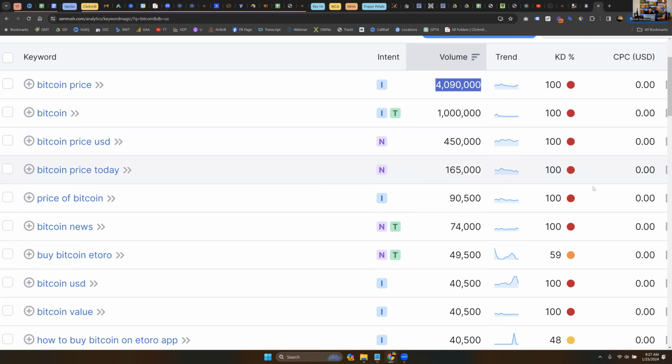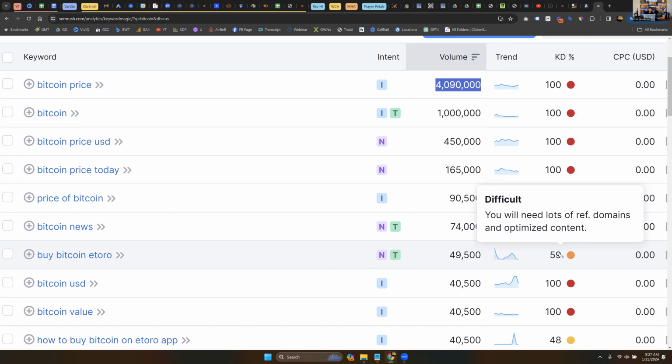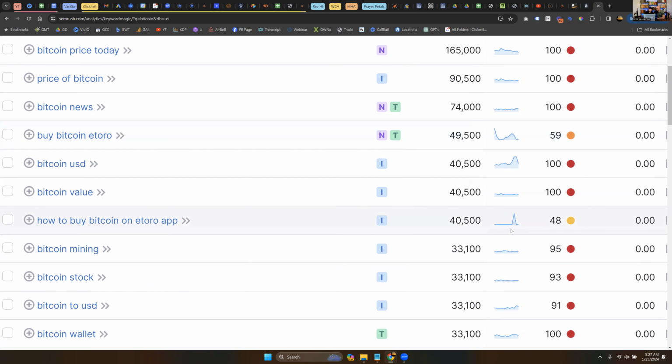But if you come down to the longer keywords, look, buy Bitcoin eToro. I don't know what that is, but people are looking for it, and that's 60. Maybe that's a place to get in. Even a longer one here, how to buy Bitcoin on eToro app. eToro, if you're listening, which they're not, you need to make sure you've got the articles going live here because you're the lowest.